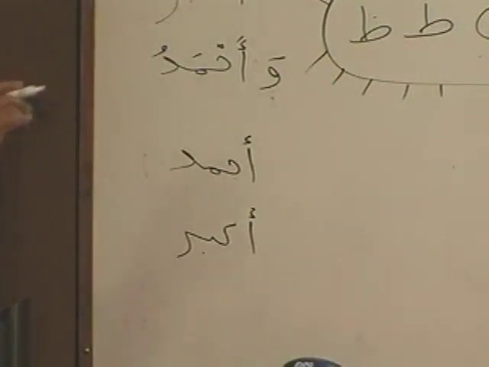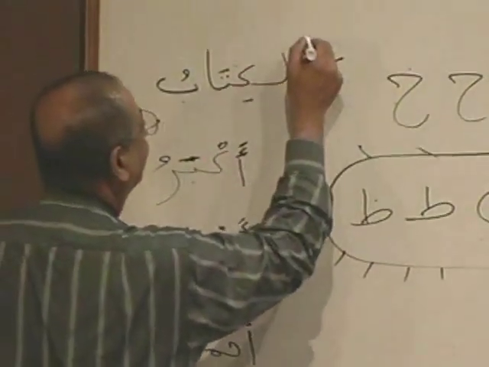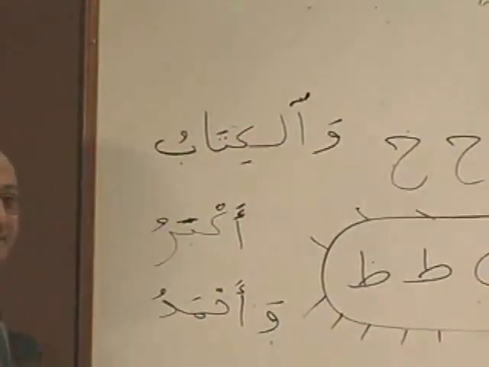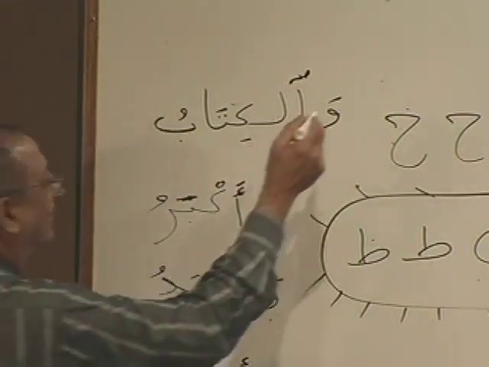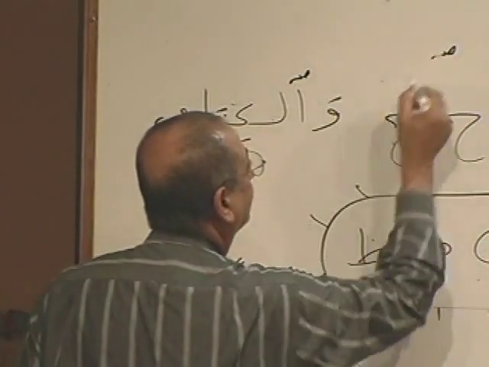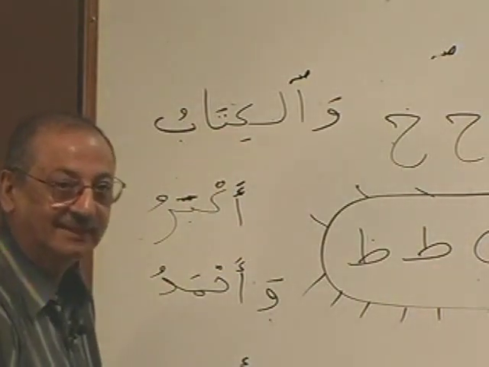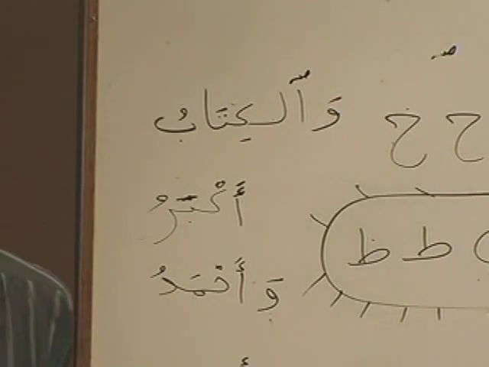Now, in order to tell people that this is Hamzatul Wasal, you don't write anything, but you put a little sign. It's kind of a small swad. This sign, brother, tells you that this is Hamzatul Wasal.